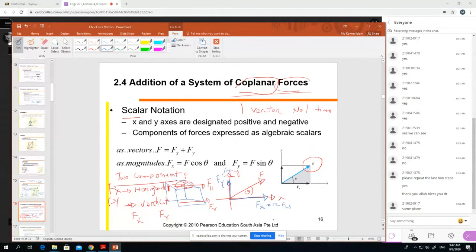Now they equal the original force F times cos theta, and F sine theta. Maybe it becomes very congested, so I write them more clearly: Fx equals F cos theta and Fy equals F sine theta.